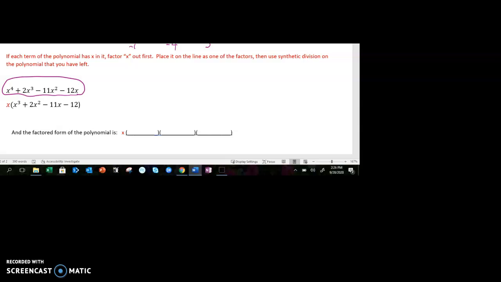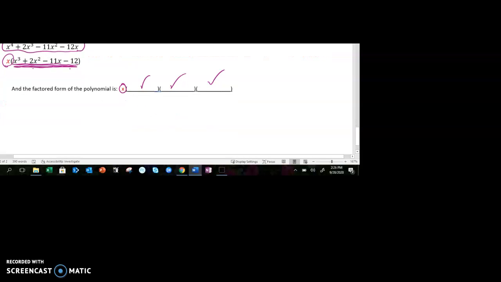If I factor that x out, I would have x cubed plus 2x squared minus 11x minus 12. This is what I would use synthetic division on. And x is one of the factors because you factored it out to begin with. And then you would find the other factors using that synthetic division process that we just discussed.